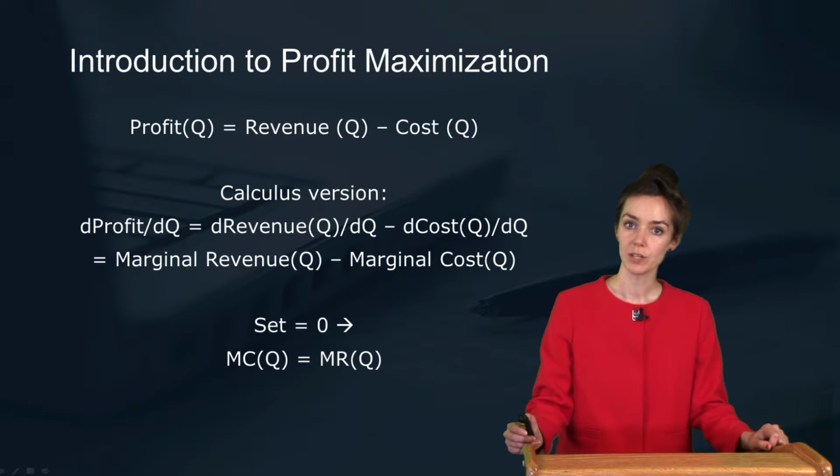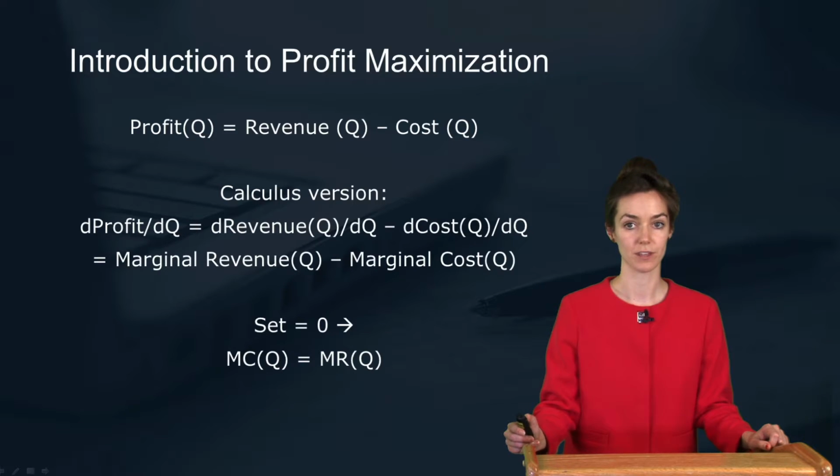So what we end up doing when we set this derivative equal to 0 is we're setting marginal cost equal to marginal revenue. So there our profit maximization condition pops out of the calculus.